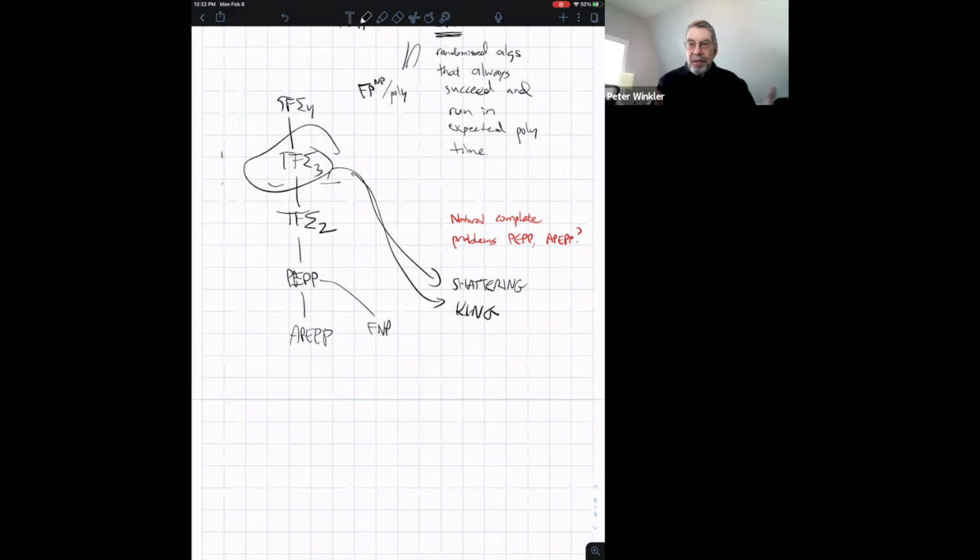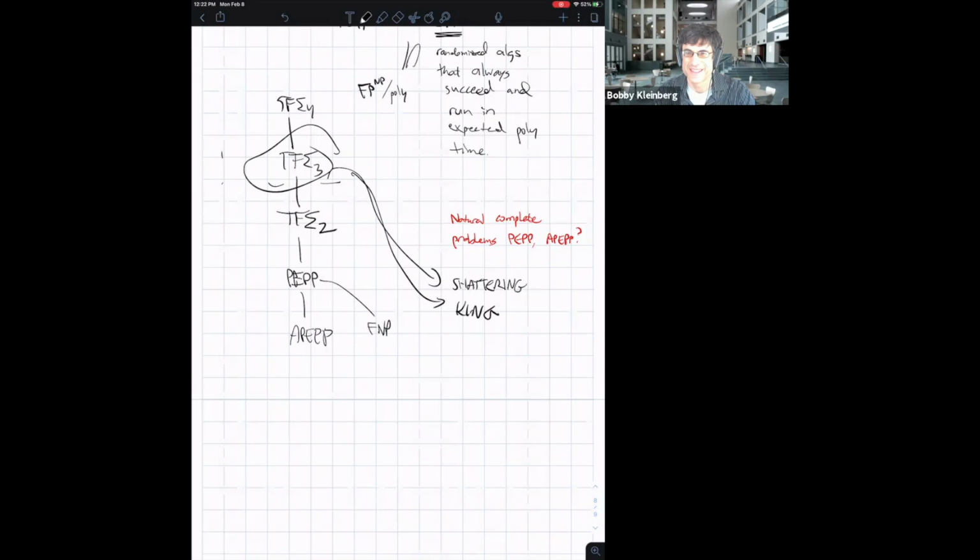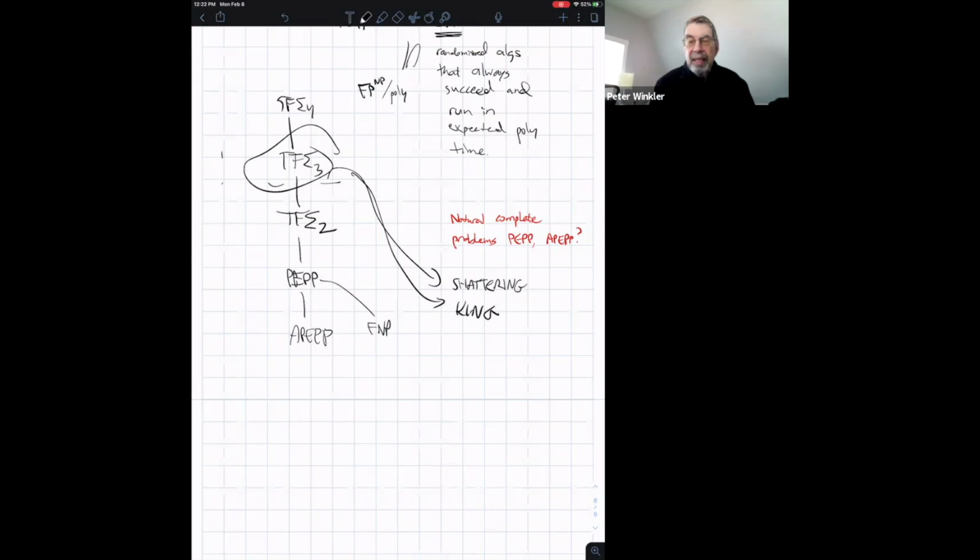So, if you take all these classes and you strip off the computational aspects to it, it comes down to theorems. Yes. And these are all theorems of ZFC.